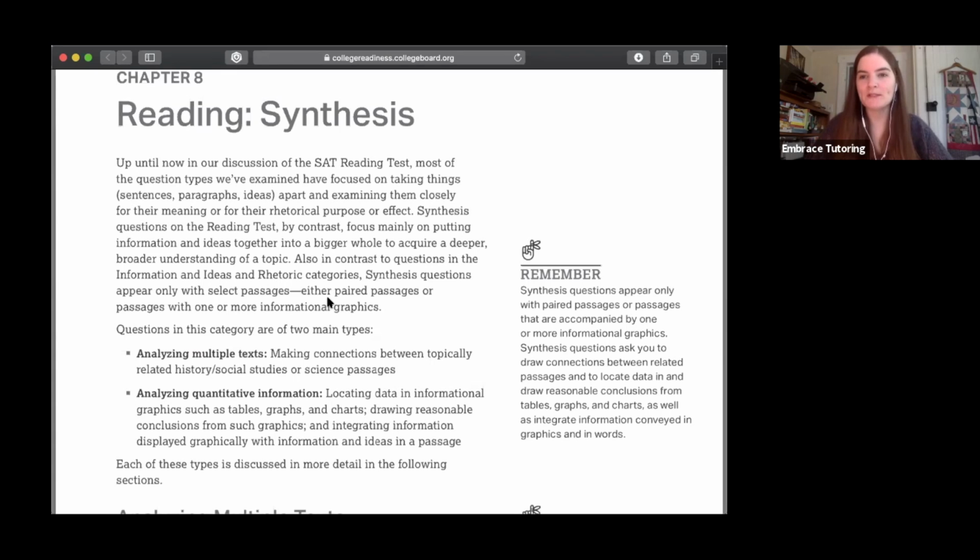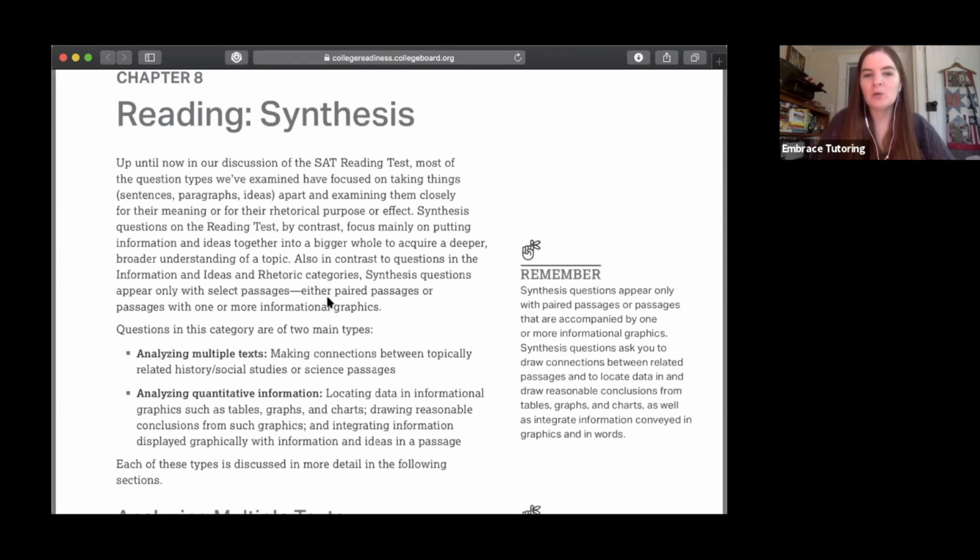You will see some on the test regardless, but whether or not they appear in a paired passage, or with a passage focused on information, where you have charts or graphs or a picture that is integrated into the text and is part of the text, that's generally where you will see these deeper level thinking questions.